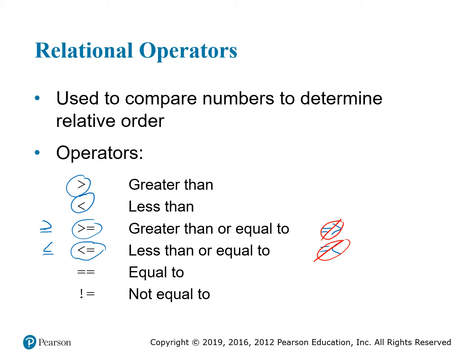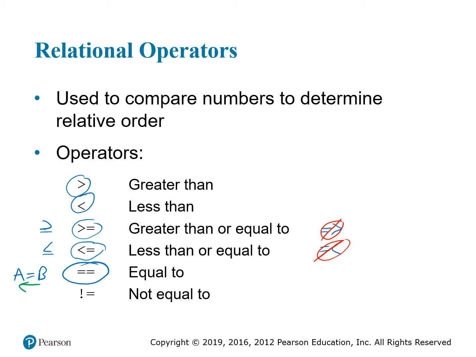Equal to, this is the one that trips everybody up. We're used to saying, does A equal B in regular parlance, but in C++, this is the assignment operator. That gives A the value of B. It doesn't test for equality. So we have this double equals operator that tests, does A equal B?